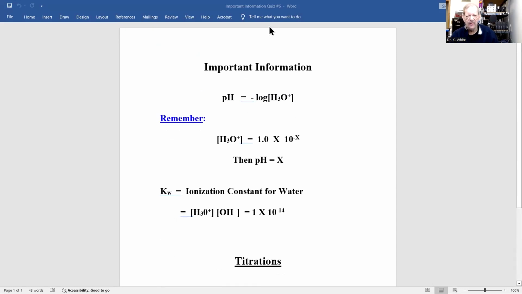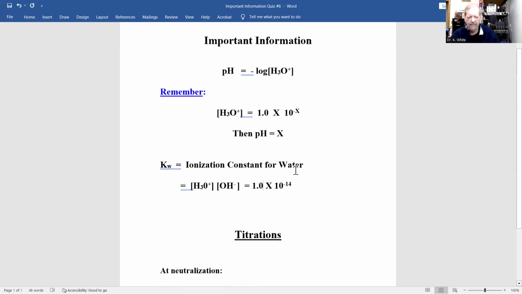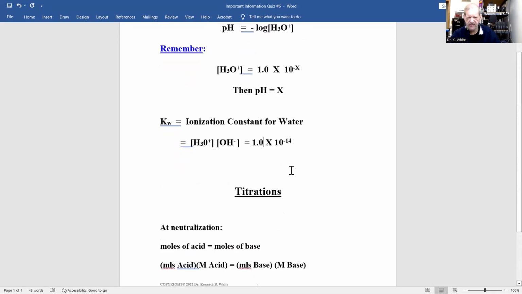It's in the lecture section of Blackboard called Important Information Quiz 6. I didn't do it for quiz 5 because there are no real formulas you have to memorize. And this should be 1.0. And you should know these.